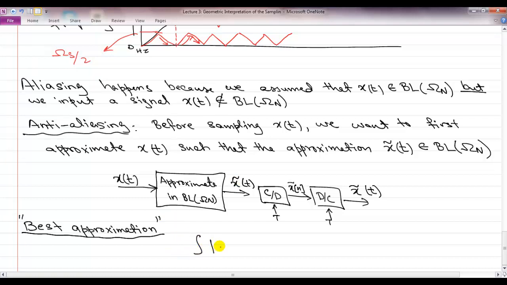The way to write down this mean squared error is the integral from minus infinity to infinity of the absolute value squared of x of t minus x tilde of t, dt. And we want this to be as small as possible. Okay?